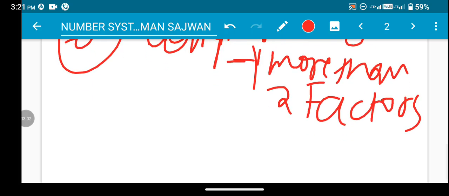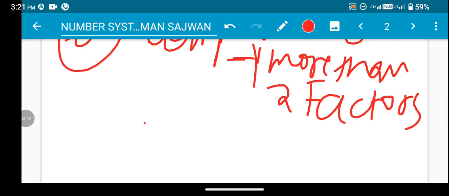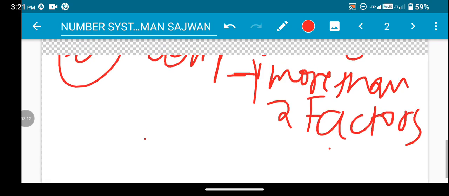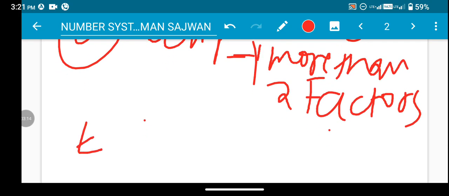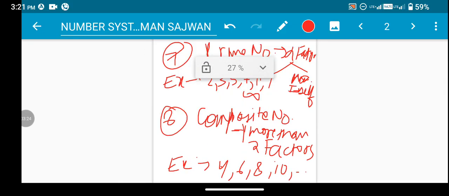You can make the notes if you want. Composite number examples: 4, 6, 8, 10, and so on. We have done composite numbers.